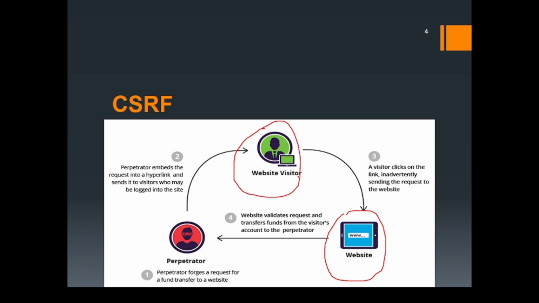The server will further include the CSRF token inside the form. So whenever the form is submitted, the client will send the CSRF token back to the server. At that time the server will validate the submitted token against the one that is already stored. If they match, the request is processed. If it's not matched, then it will be rejected.